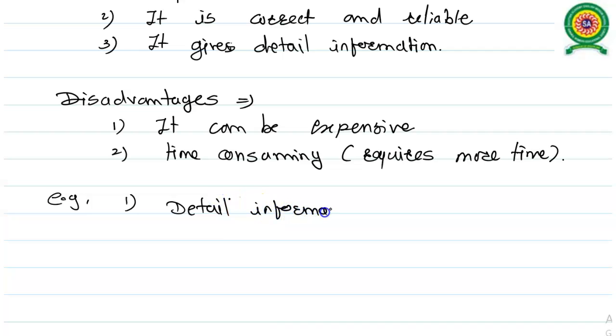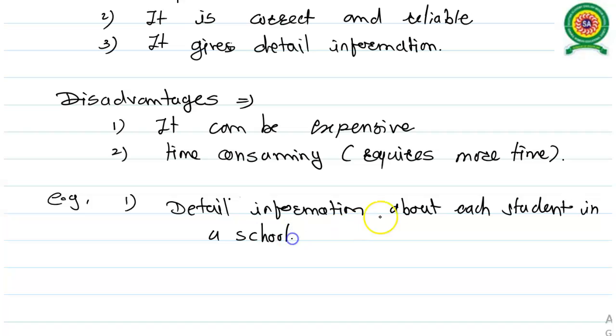Suppose we have the name of the student, date of birth, age, weight, height, something like that. So this is all about the detailed information of each student in a school.